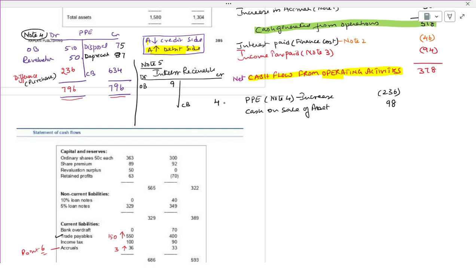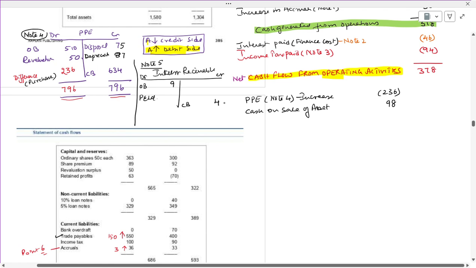This is the income. What is the debit and what is the journal entry? Interest receivables will be debit and cash will be credit. Okay. Now it is the profit and loss account. How much is there? 5.